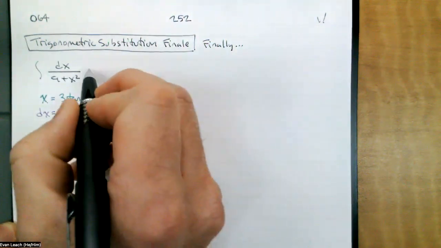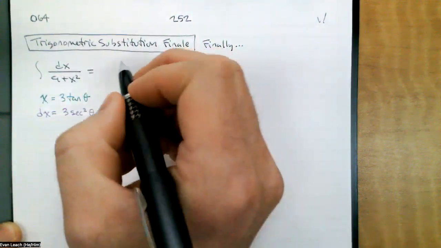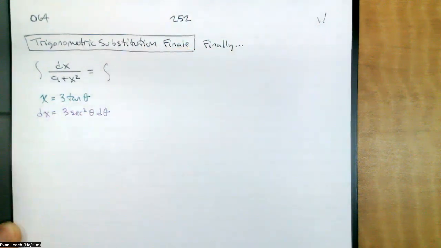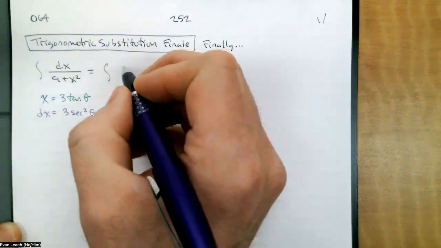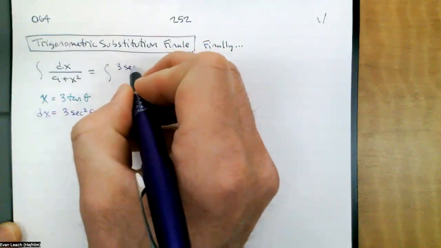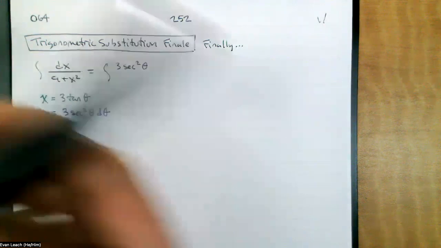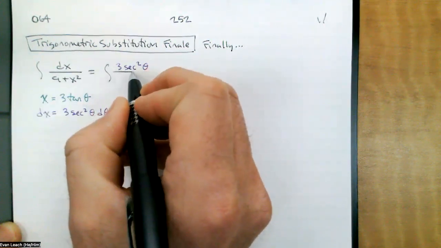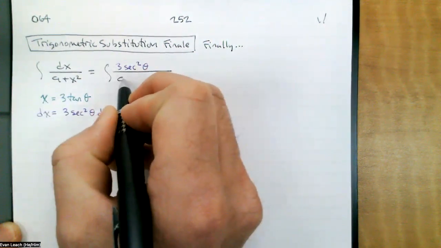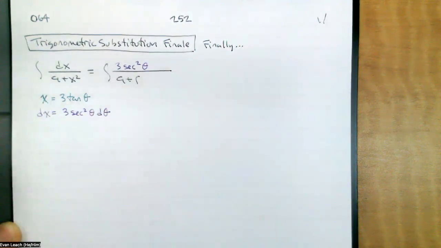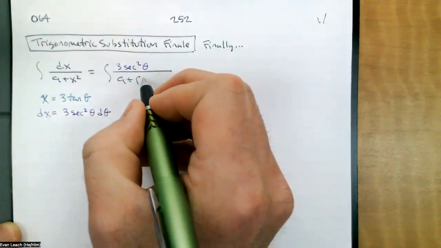Once we have these, we can make our substitutions. The dx will be 3 secant squared theta, and in the denominator we'll have 9 plus 3 tangent theta squared.